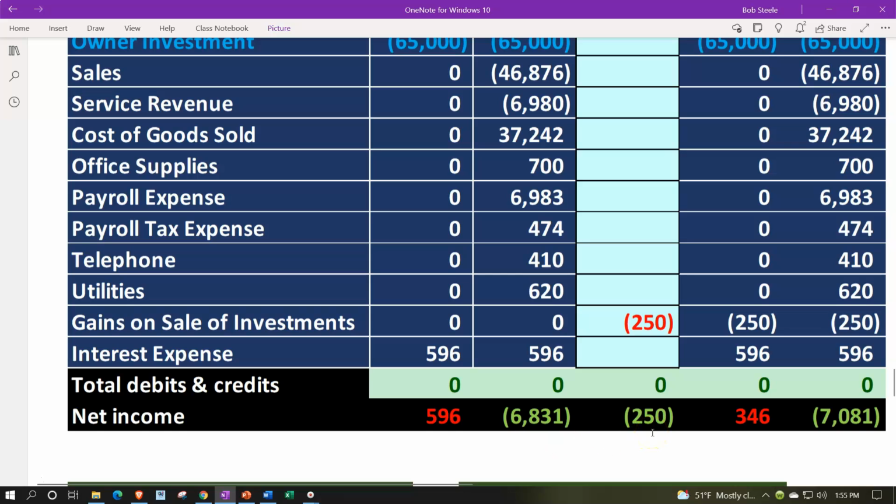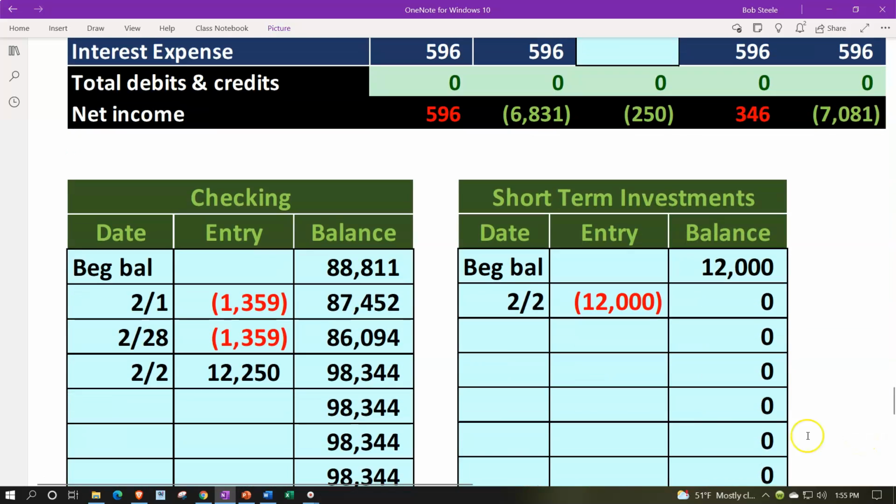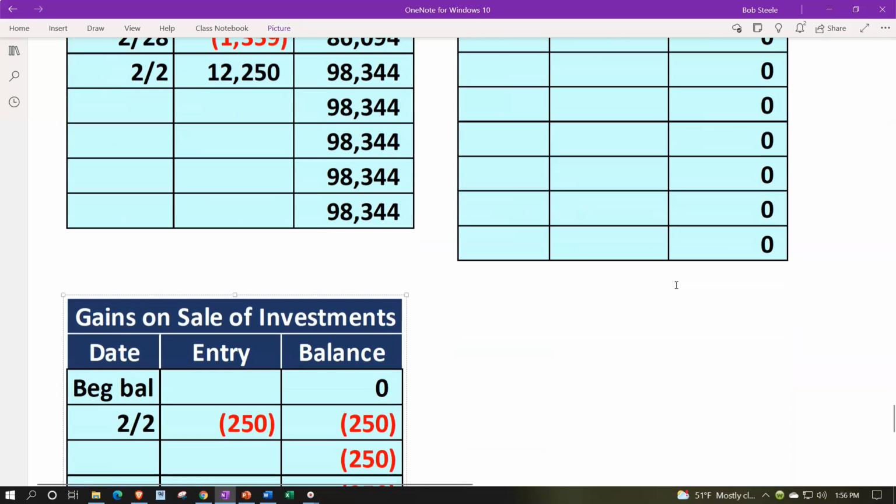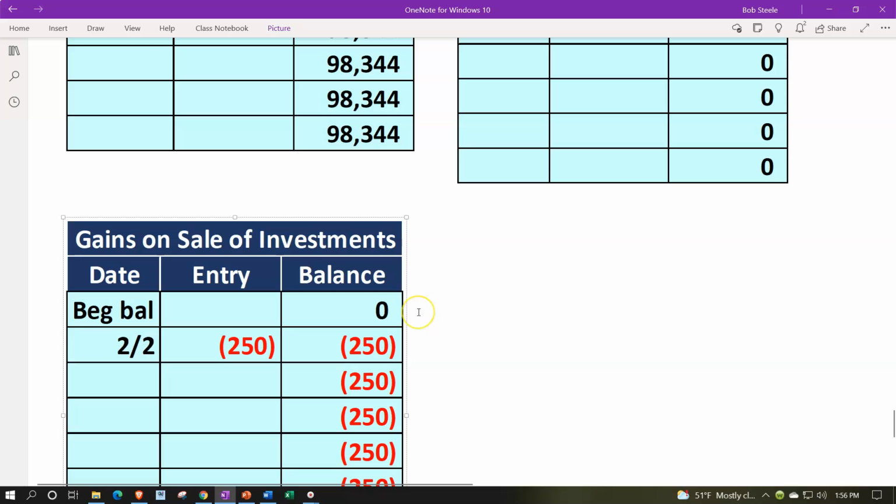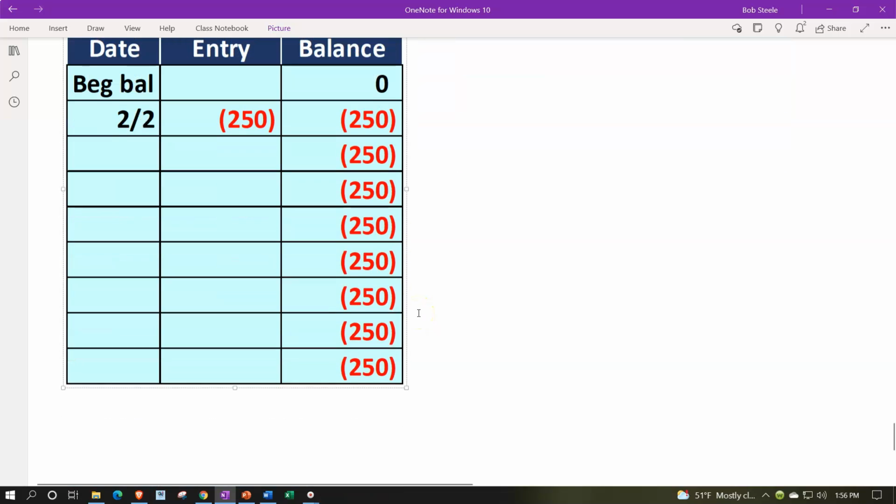We increased it by the $250 here, bringing it up to $7,081. Checking account on the general ledger was at $86,094, goes up by the $12,250 to $98,344, and the short-term investment was at $12,000, goes down by $12,000. The gain on the sale is going up by $250 to $250.